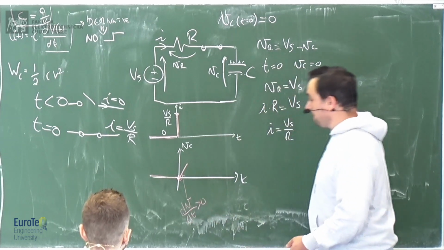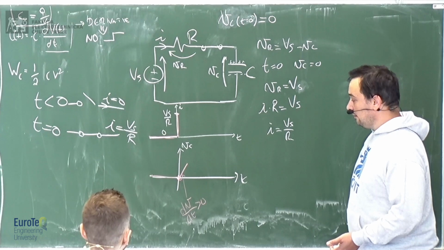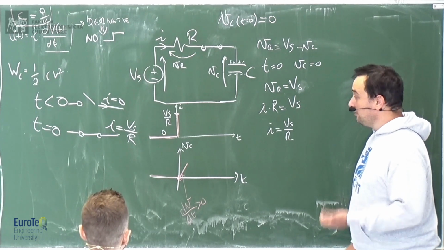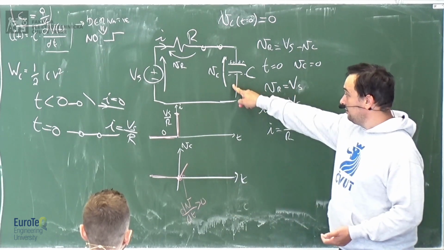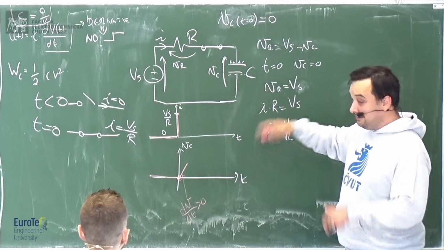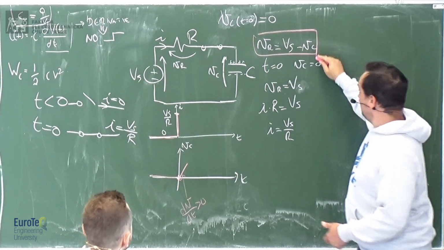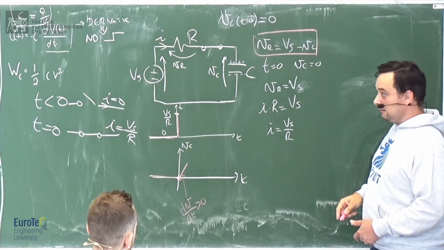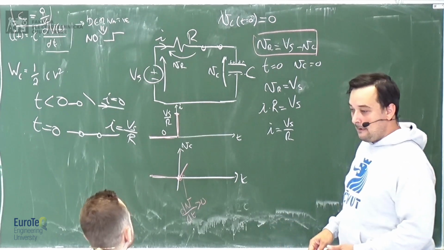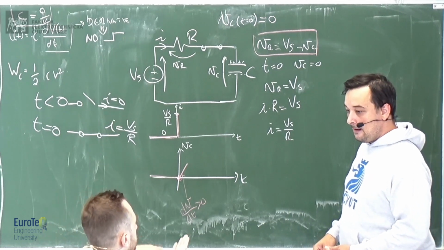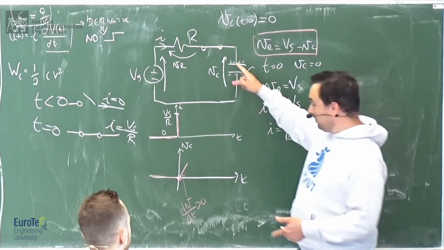But it does not go up linearly. Why? Because if the voltage here increases, VR decreases. As VC increases, the current through the resistor decreases.